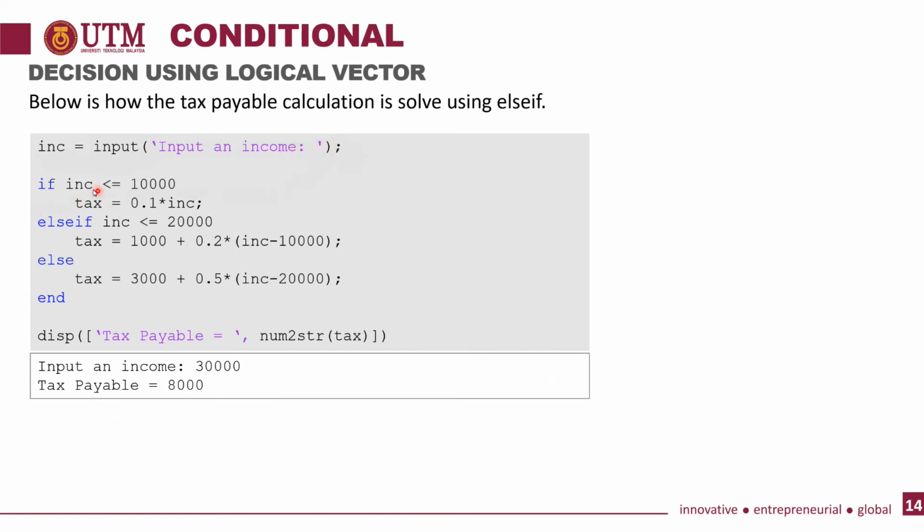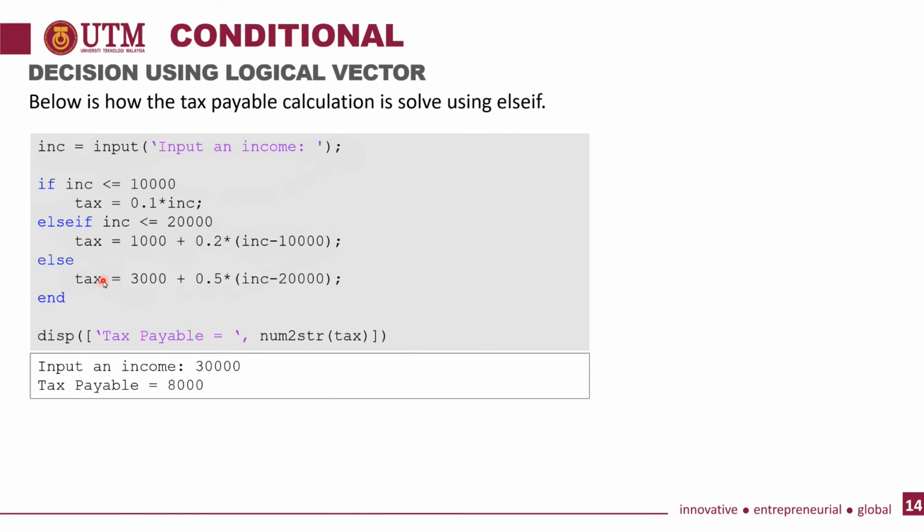If income is less than or equal to 10,000 ringgit, you use the formula 0.1, which is 10%, multiplied by the income. Else if your income is less than or equal to $20,000, the tax you need to pay is $1,000 plus 0.2, which is 20%, multiplied by the difference between your income and $10,000.